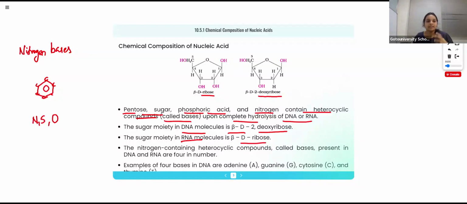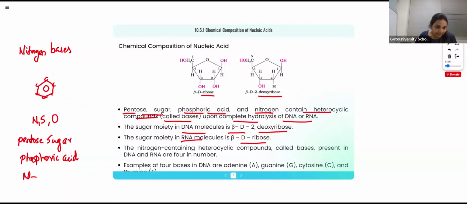Then the components I told you: pentose sugar, then phosphoric acid, then nitrogen base. Yes, these are the three components of nucleic acid.